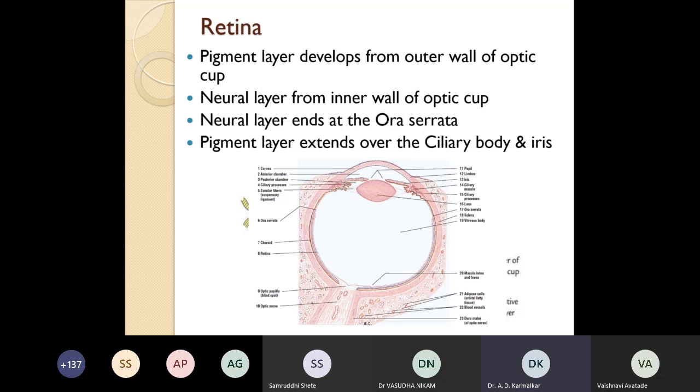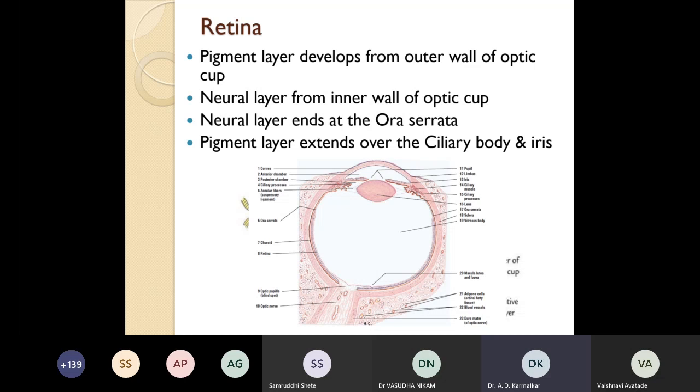Now, this pigment layer develops from the optic vesicle and optic stalk, which will form the optic cup. This is the inner layer of the optic cup, and this is the outer layer of the optic cup. The pigment layer is formed by the outer wall of the optic cup, while the neural layer is formed from the inner wall.